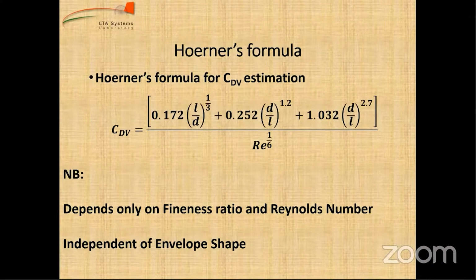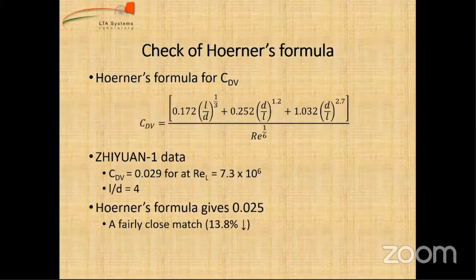Before we proceed with the calculations, let us check this Horner's formula with the values we know. There is one airship called Xeon 1 airship. In the Xeon 1 airship, the volumetric drag coefficient is 0.029 at Reynolds number of 7.3 million, that is 7.3 into 10 power 6.